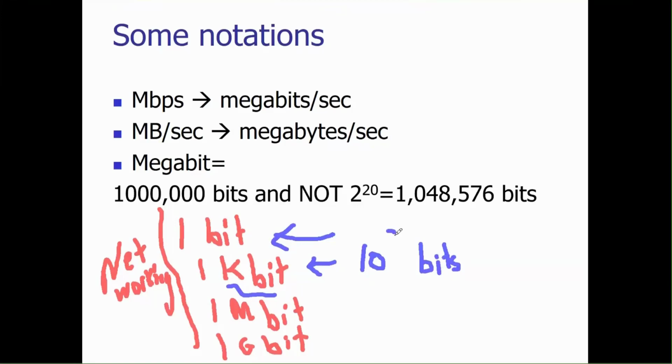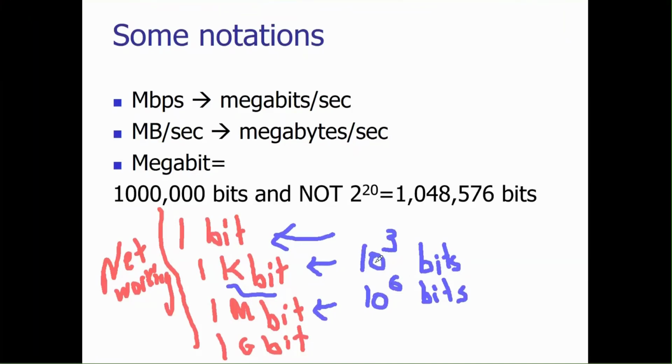Thank you. 10 to the power of 3. Then a megabit is 10 to the power 6. Because a megabit is 1,000 kilobits. So basically, it's double this.